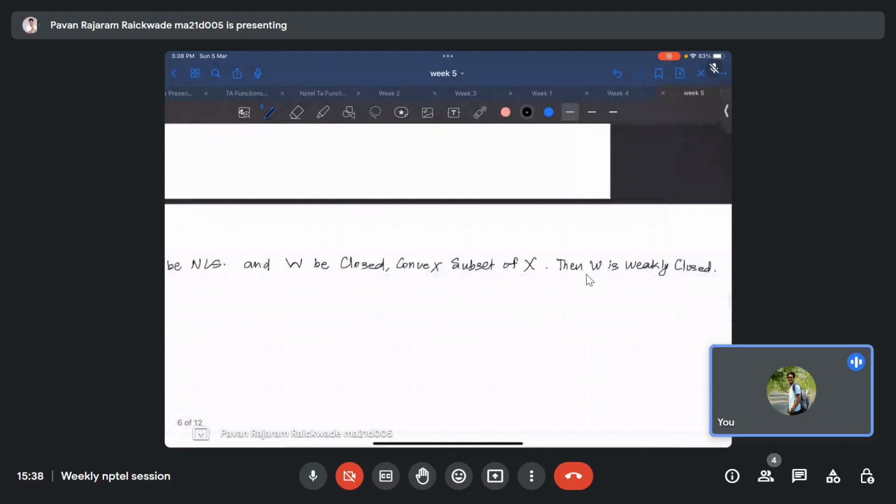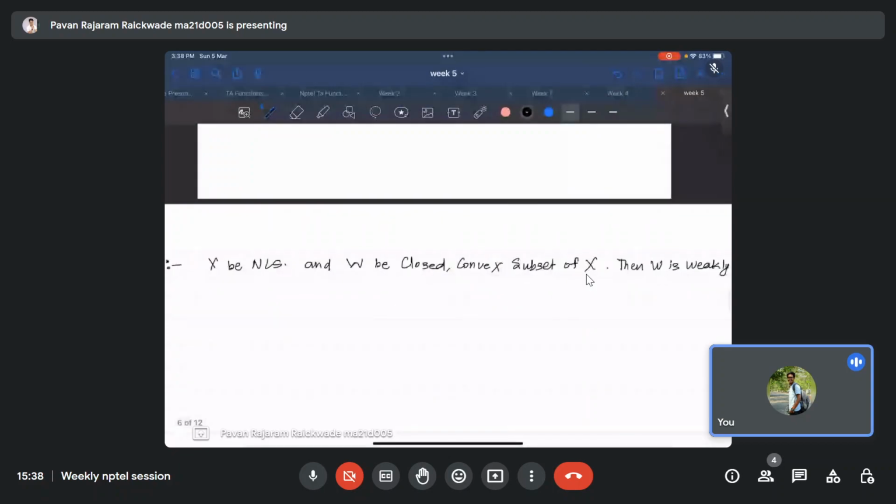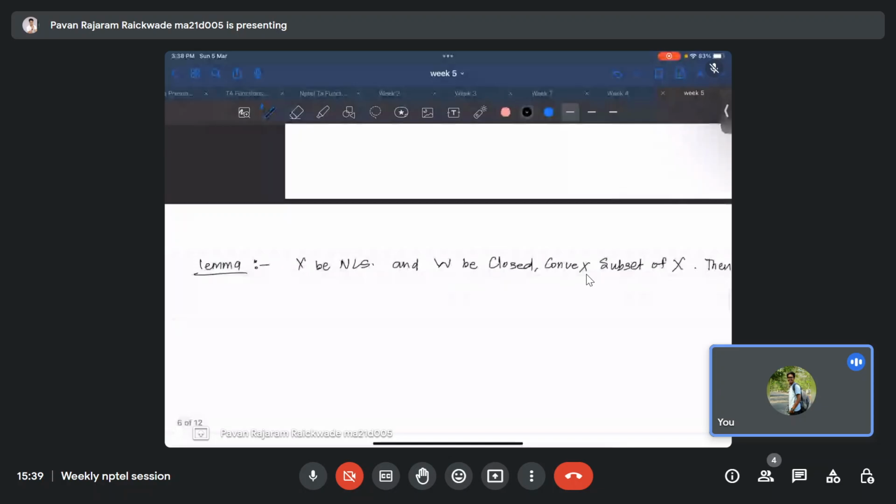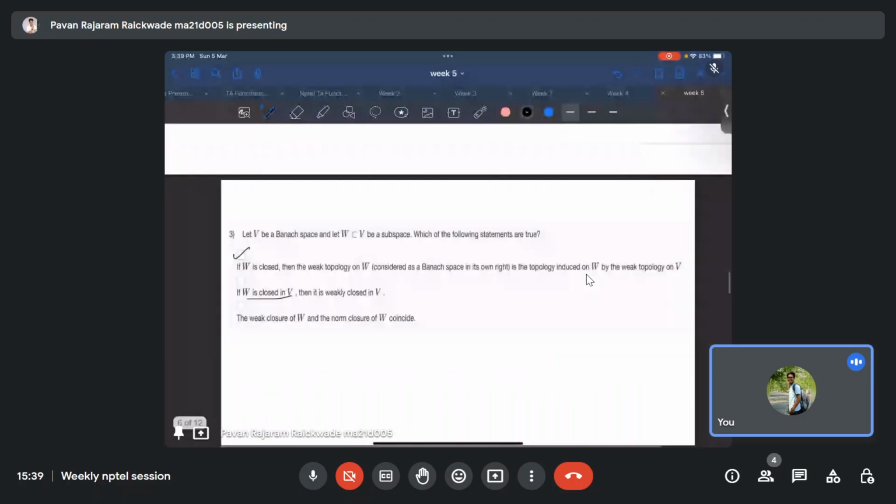From this statement, it straight away follows that if W is closed in V, then W is weakly closed, because W is a subspace. Every closed subspace is weakly closed. So I'll just prove this lemma.